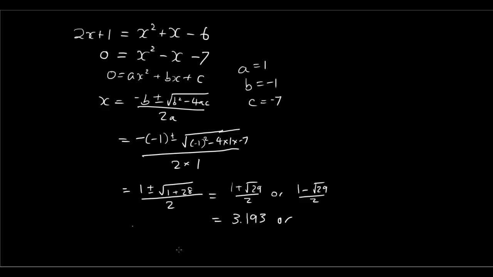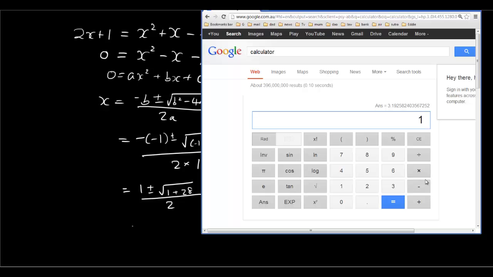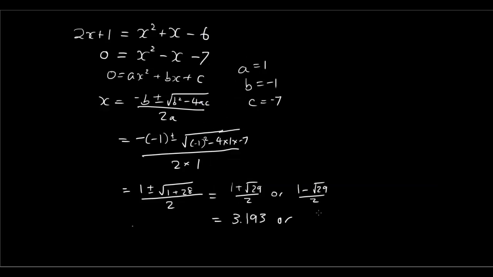Or 1 minus square root of 29 over 2, which is negative 2.193.